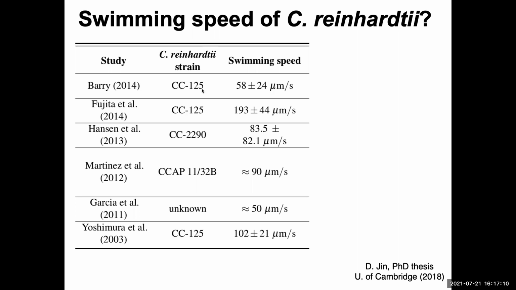Now, these are different strains, so you could imagine maybe it's due to the fact that it's a different strain. Notice that in this case, the strain wasn't even mentioned, for example. But if we pick the same strain, we have different values of the swimming speed.